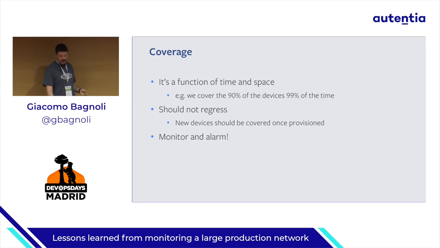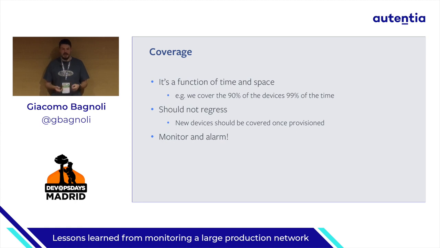So coverage is a function of time and space. We got this coverage idea from the networking side. Coverage for us is how many paths we follow through. But we are starting to use it for other parts too. We extracted this mental model and started reusing it in other tools that have nothing to do with network monitoring.